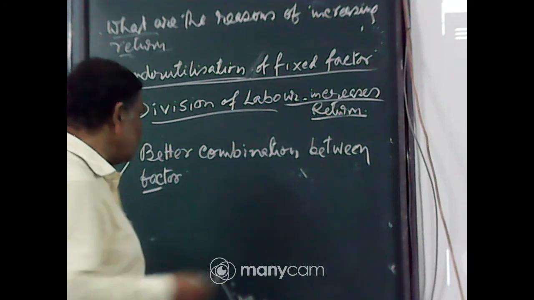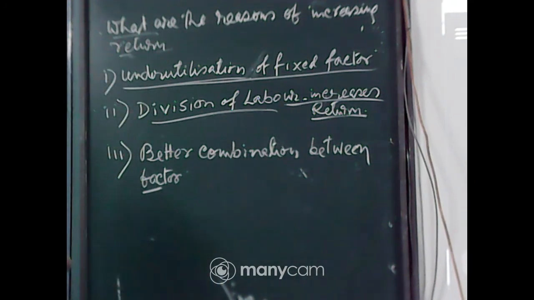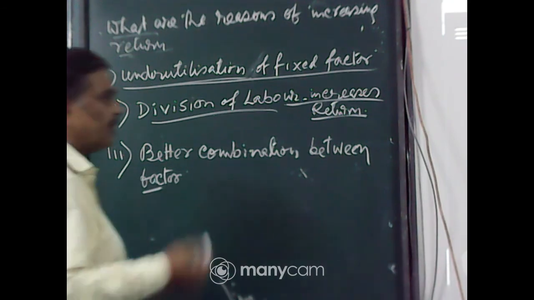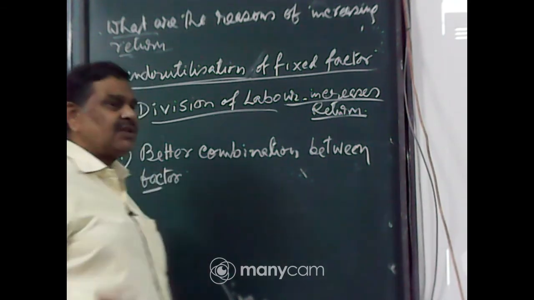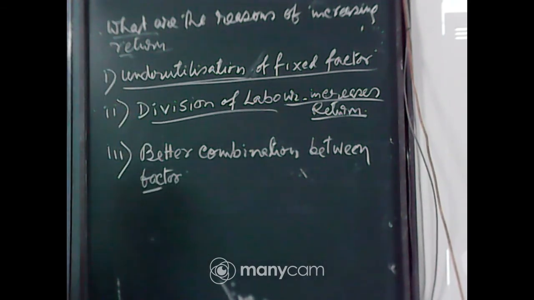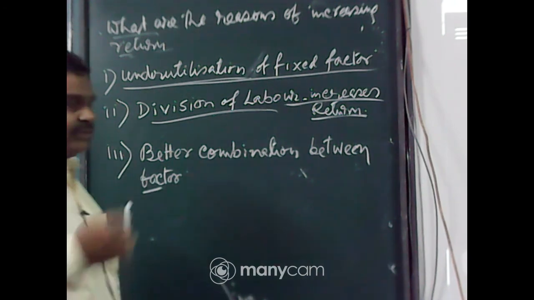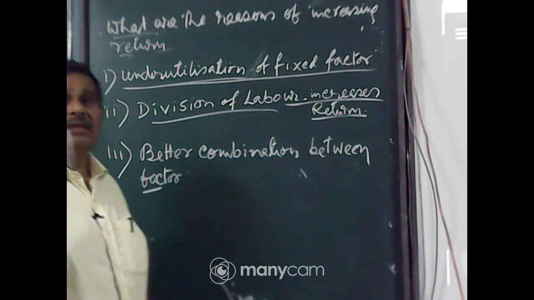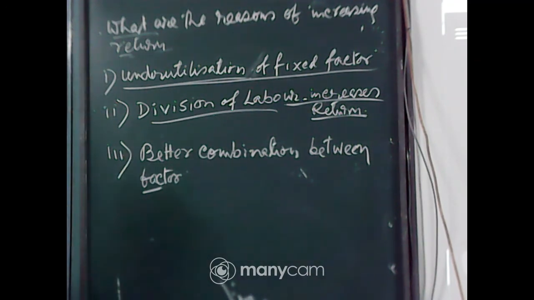The ratio between fixed factor and variable factor should be decided in such a way that the fixed factor can be utilized best with the effort of the available variable factor. So, if a better combination between these two can be made, production will increase, no problem.